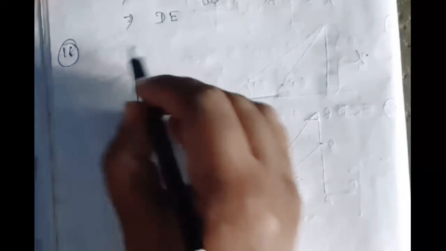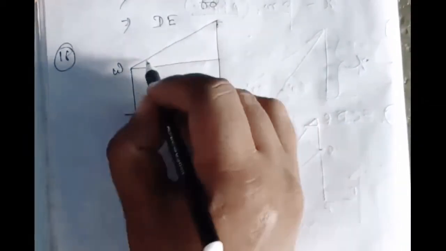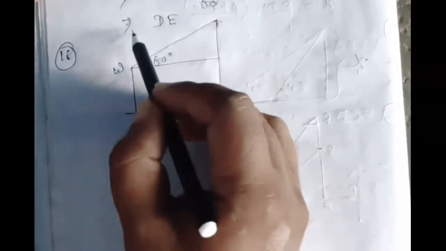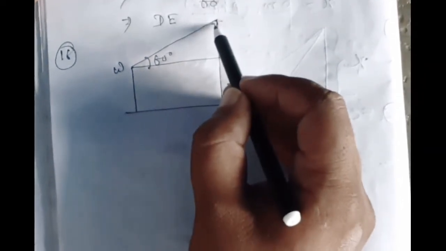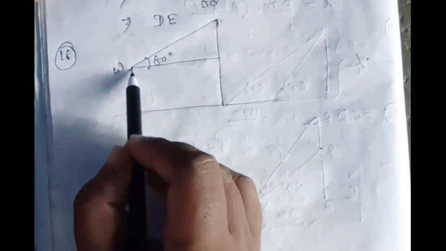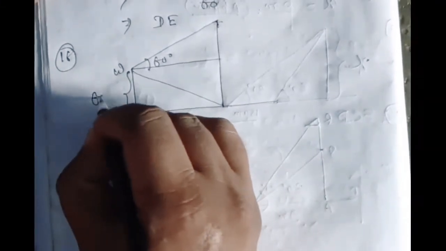Question 16. Now here comes the image. This is one house and this is the window. This is another house. The angle of elevation from here to the top is 60 degrees, and the angle of depression of the same house is 45 degrees, and this equals 60 meter.